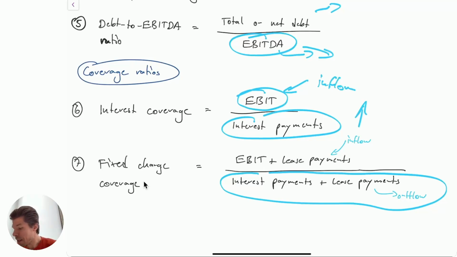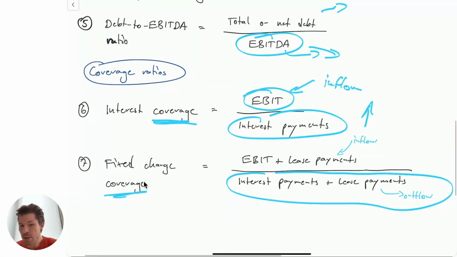Here, a higher number is actually better because you have higher coverage, higher buffer. You have more money available to make payments. In the interest coverage formula, we use EBIT. This is the money, earnings before interest and taxes, available to pay our interest obligations.